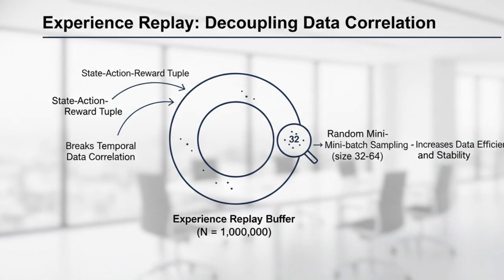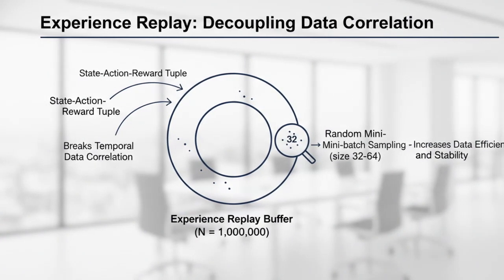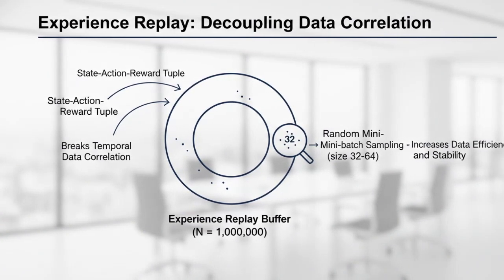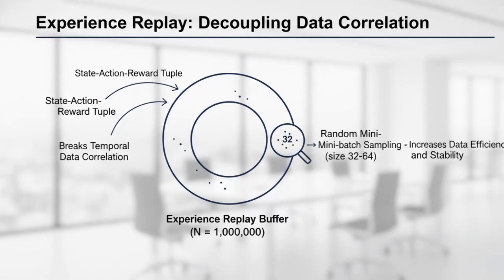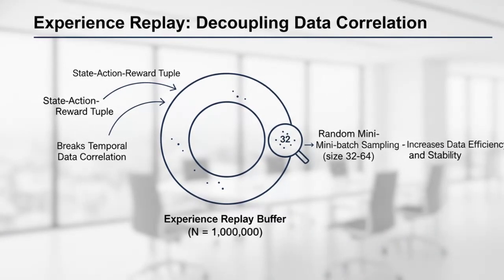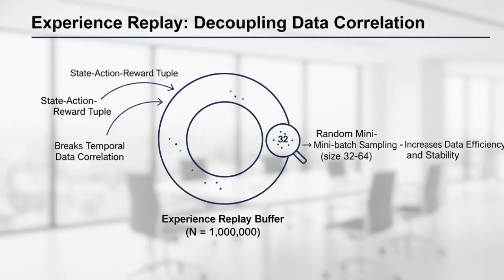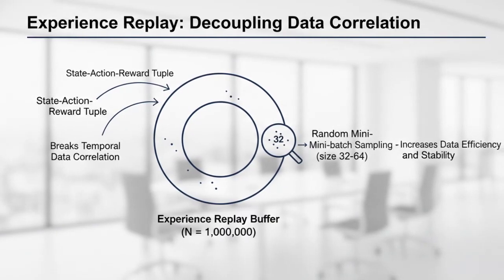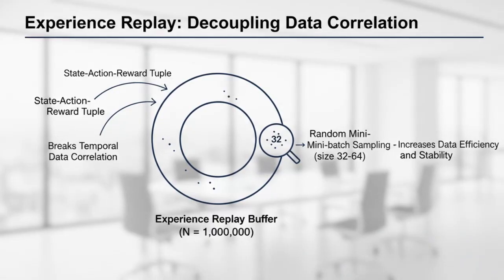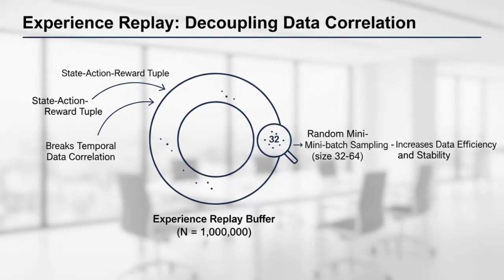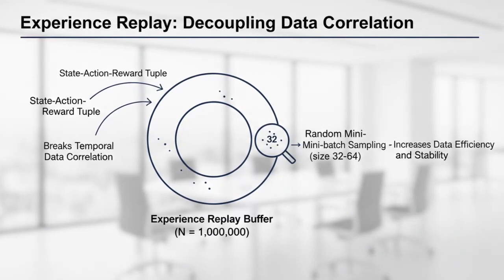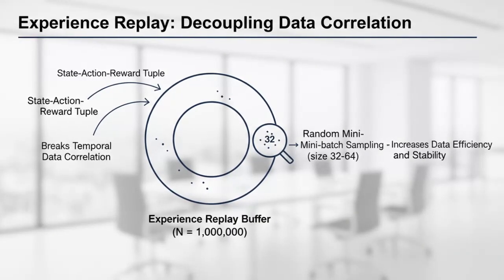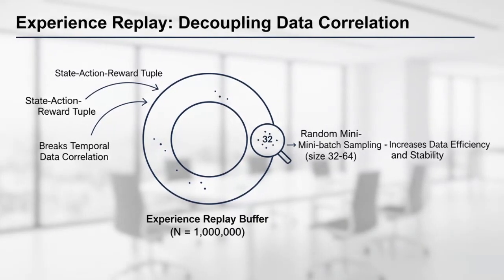One of the biggest hurdles in training stable neural networks for RL is the temporal correlation of data. In a standard stream, consecutive frames are nearly identical, which causes the network to overfit and oscillate. DQN solves this using an experience replay buffer. We store transitions, state, action, reward, and next state into a large FIFO buffer, often containing 1 million samples.